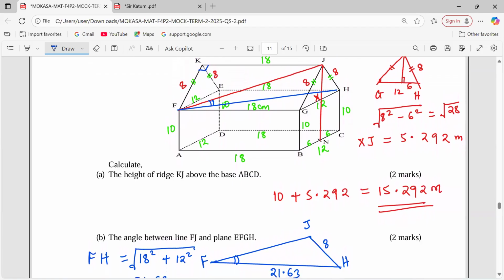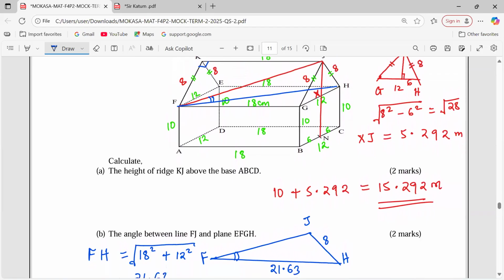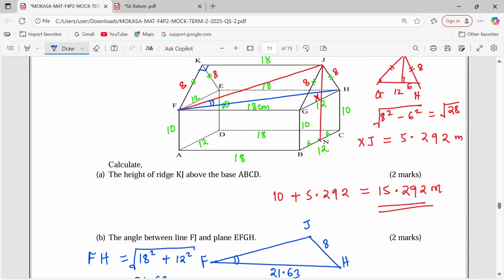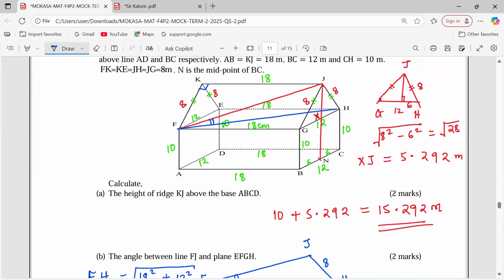We take our calculator and write 18 squared plus 8 squared, the square root, giving us 19.70.